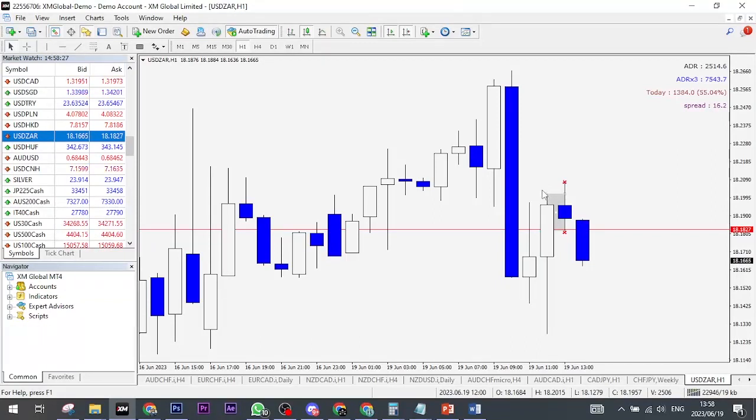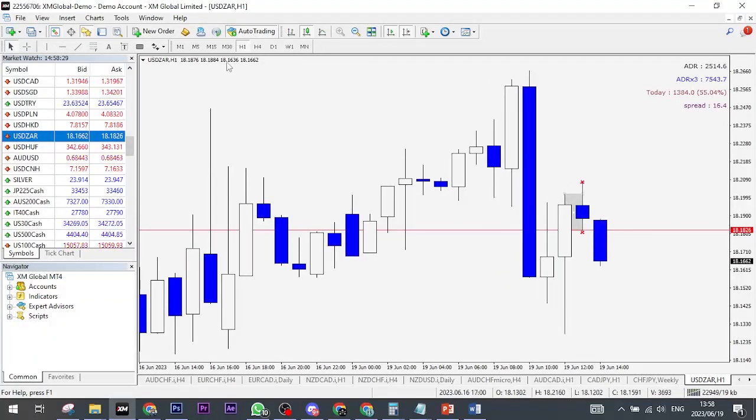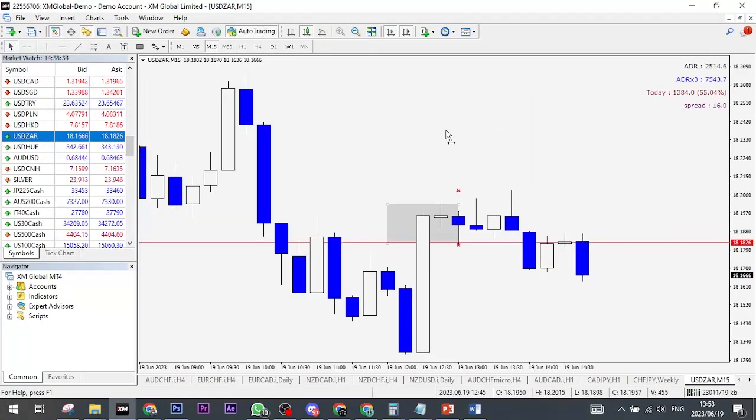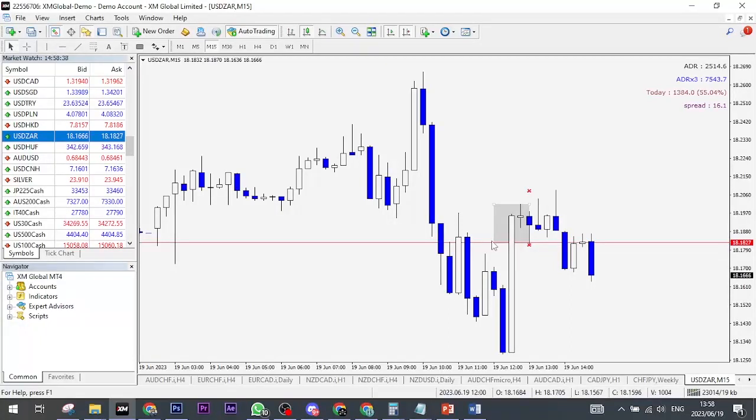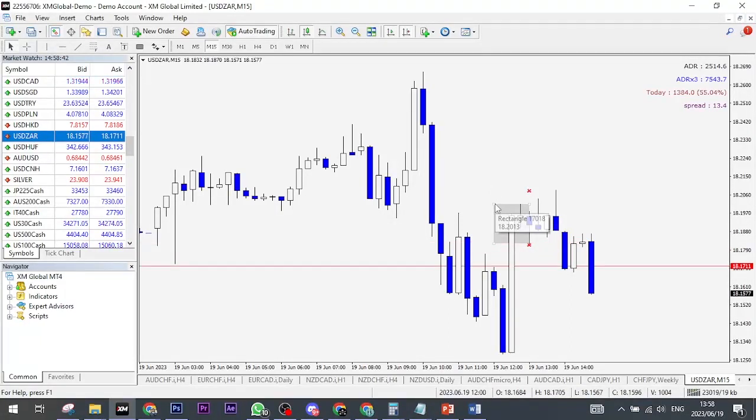If I switch to my smaller time frame, for example the 15-minute, we can see that there are more candlesticks. In this case, these candlesticks represent a period of 15 minutes for each candlestick.